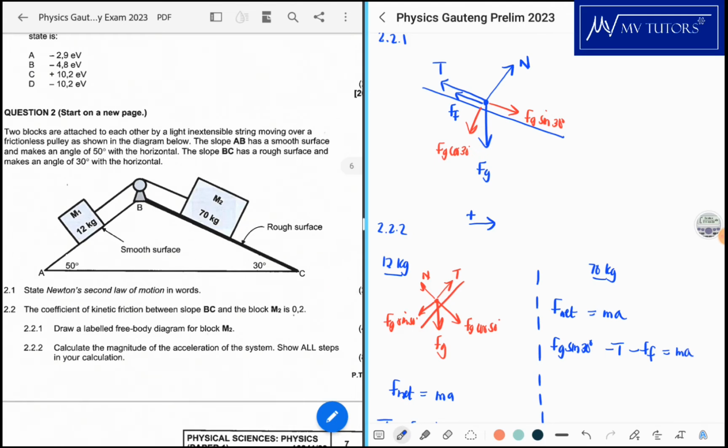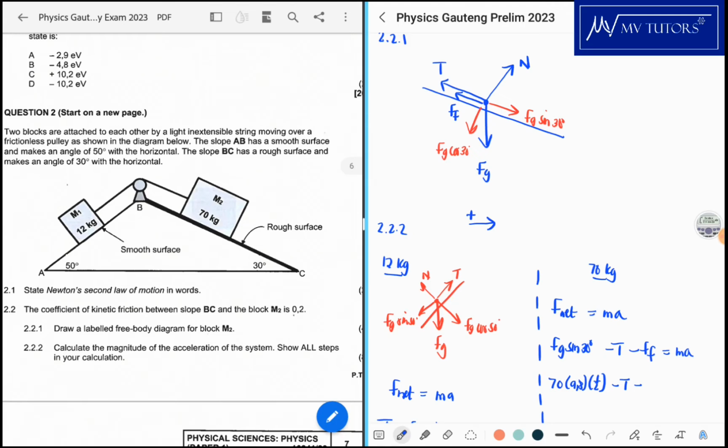mass times acceleration. So if I put in the values, Fg is just mass times gravitational acceleration, so 70 times 9,8. Ooh, I hope everything fits. Sine 30 degrees is a half, so I'm just going to put a half there. And then minus the tension.